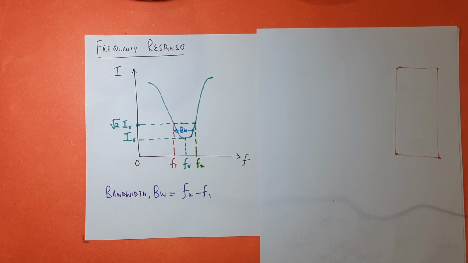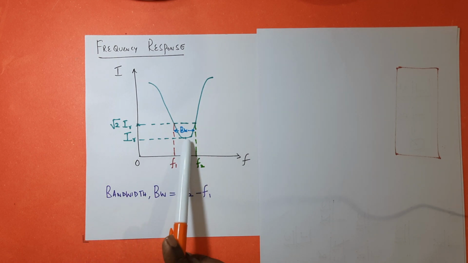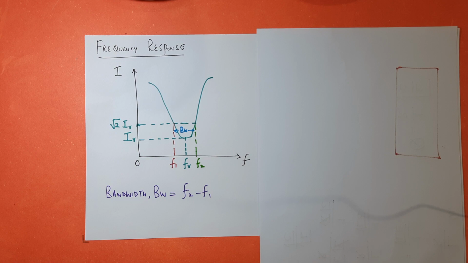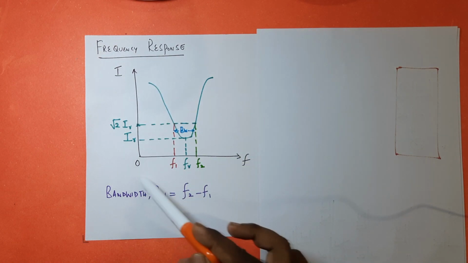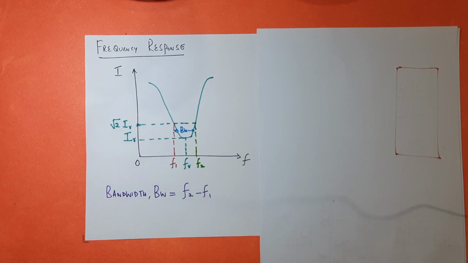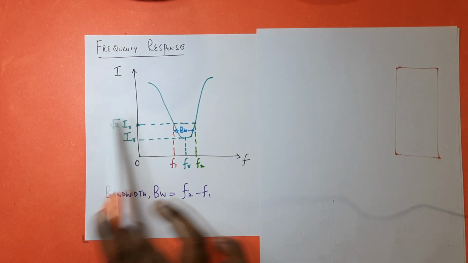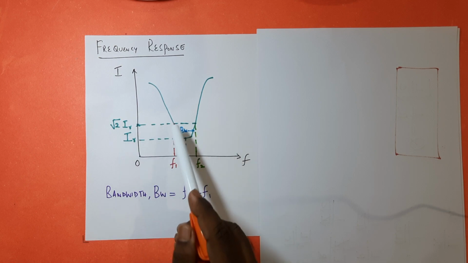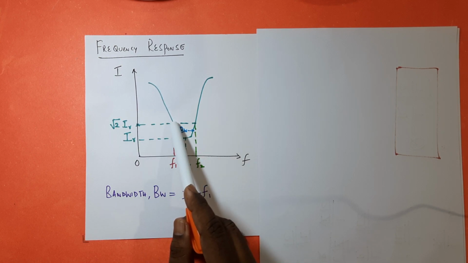At the resonance condition, you have the minimum current, say it is IR. So with respect to frequency, this is how the current varies. This is the half power point, the square root multiplied by IR. If you extend this point, it cuts first at one point.